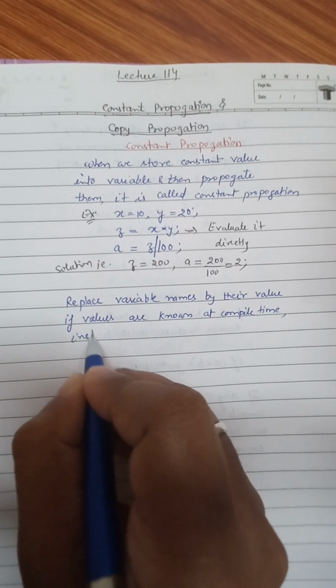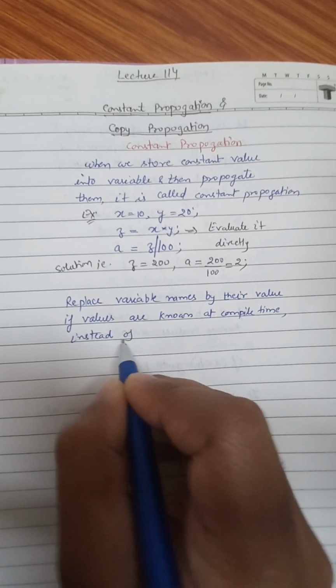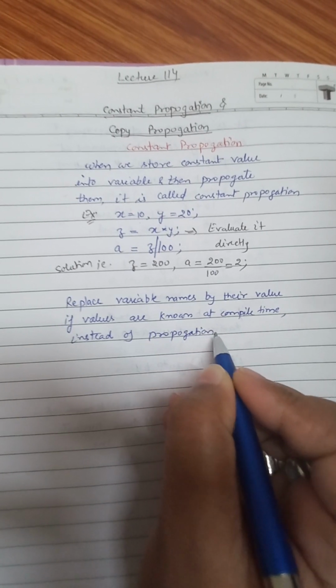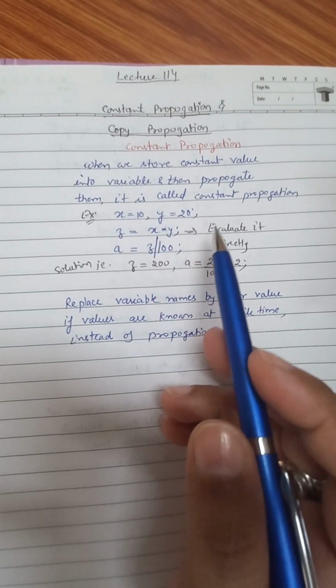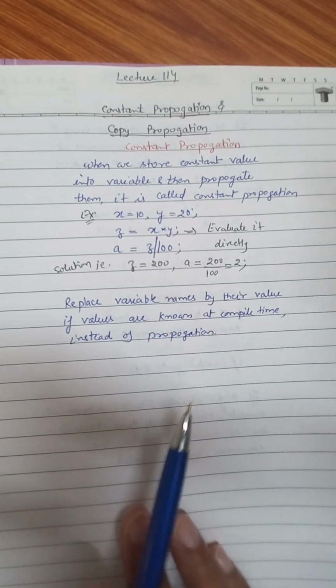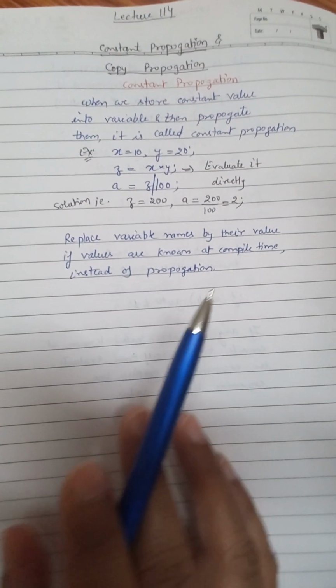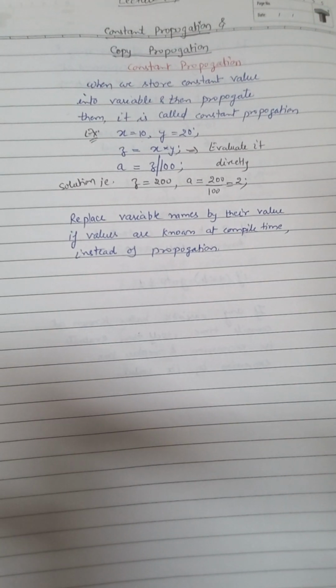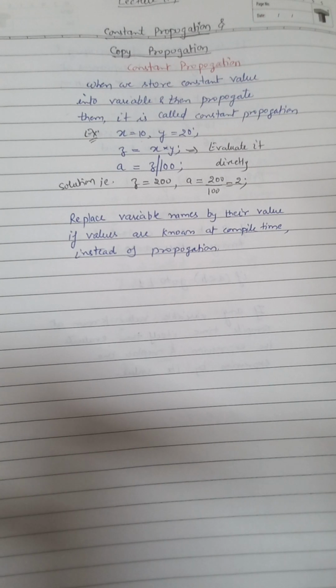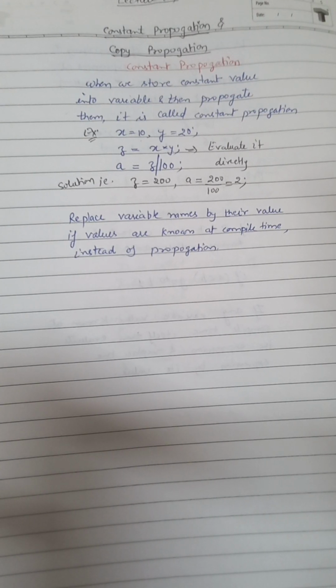Instead of putting it like this, replace it directly by the value. Without any reason, we are just writing in a variable and then assigning another variable, so we are doing propagation only. So replace it directly by the value. This is the solution for that. So that was the constant propagation, right?